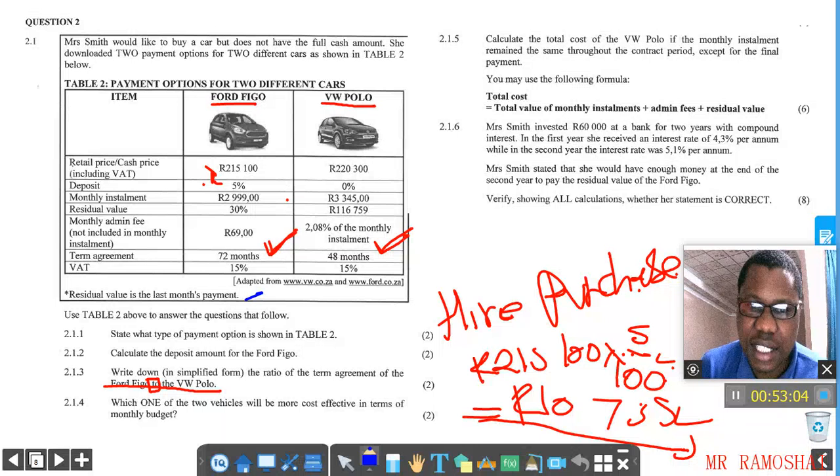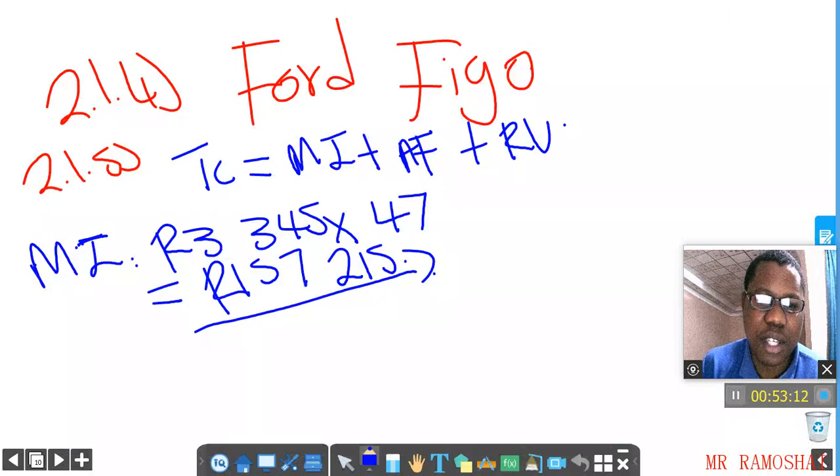Remember they said the monthly admin fee is 2.08% of the monthly installment. Already we have calculated the monthly installment here, right?